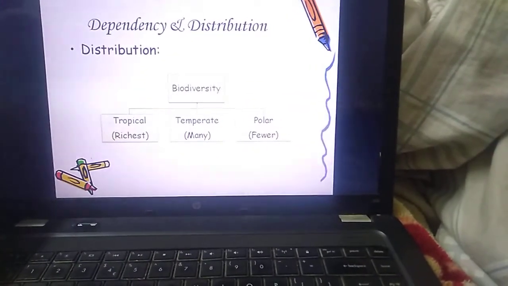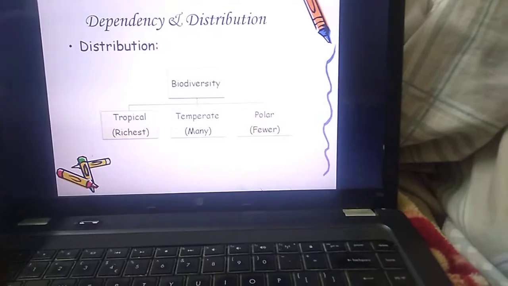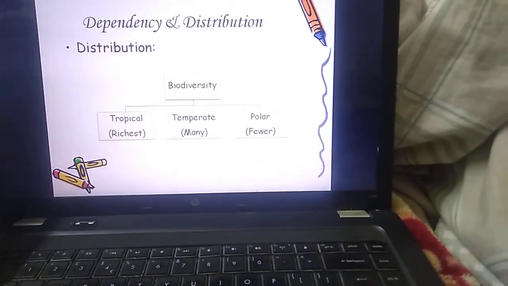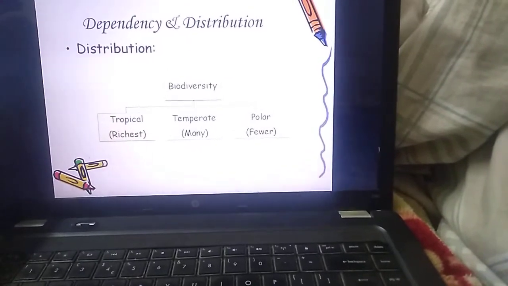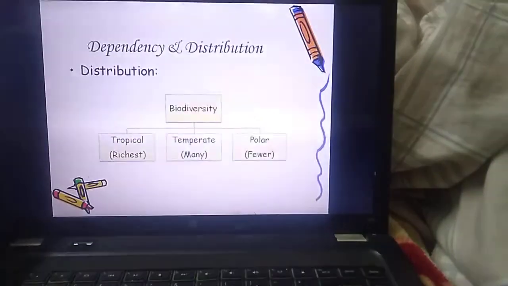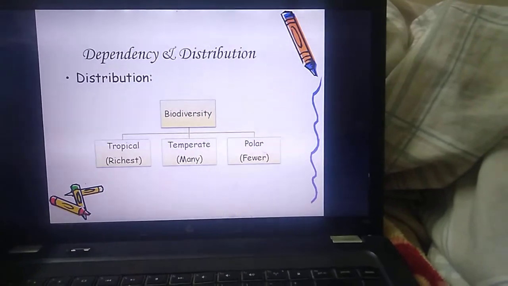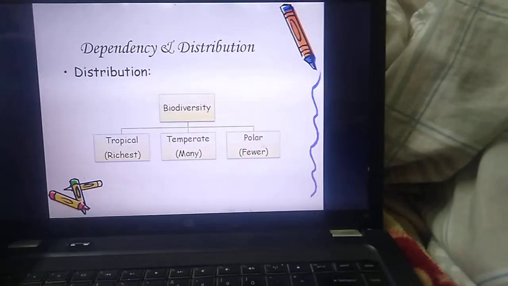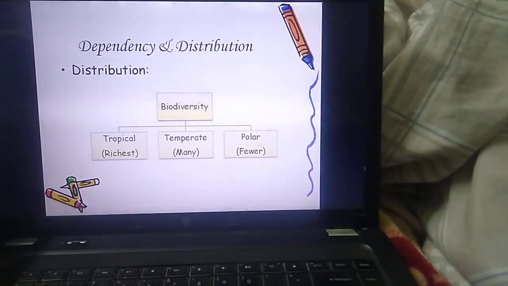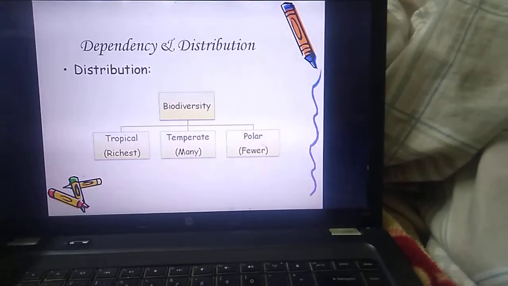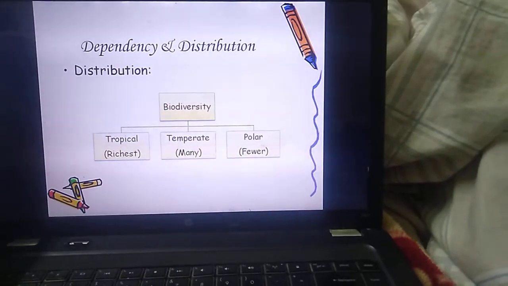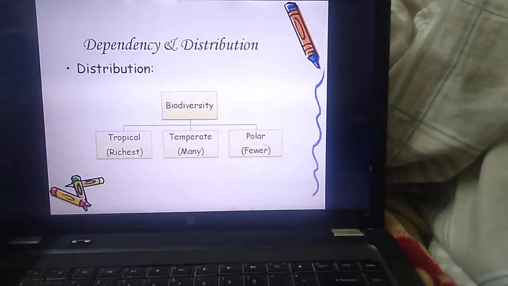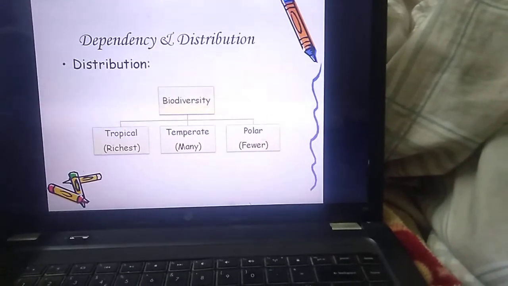Then comes distribution. Biodiversity is not distributed evenly on Earth, and there are 3 regions. First one is tropical, temperate, and polar regions. Biodiversity is richest in the tropics, means in tropical region it is maximum in number.